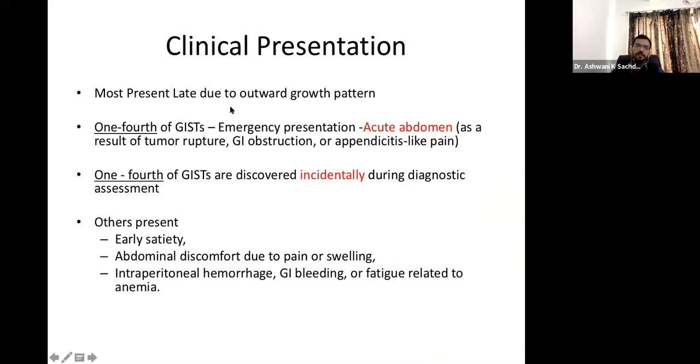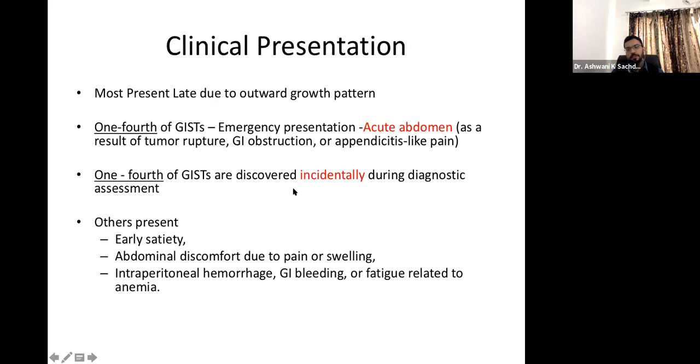So clinical presentation, they usually present late because of their outward growth pattern, because they do not grow intraluminally, and they more likely grow into the peritoneal surface side. And one fourth of the GIST, they present as an acute abdomen because of the tumor rupture, GI obstruction, or appendicitis like pain.